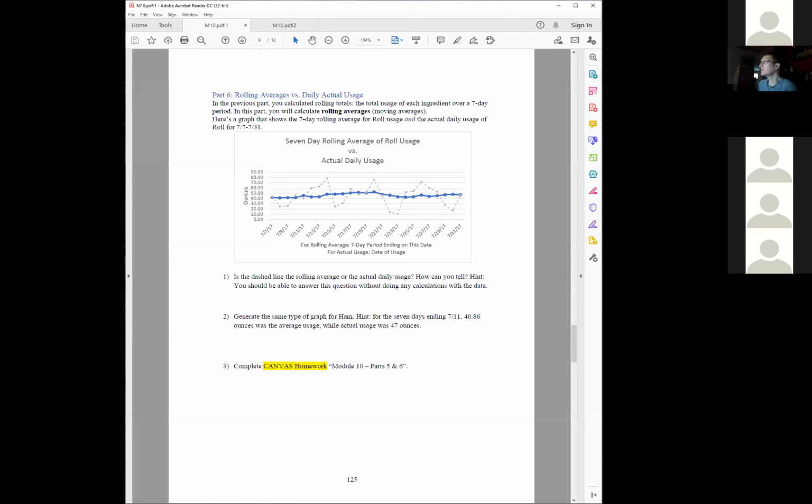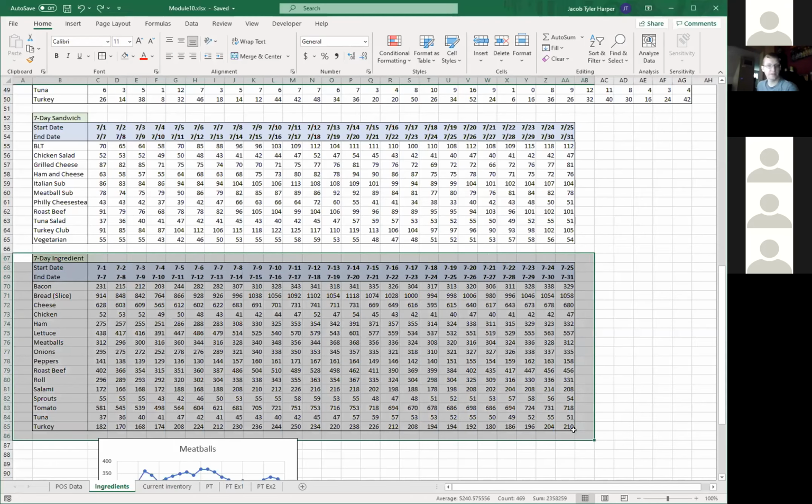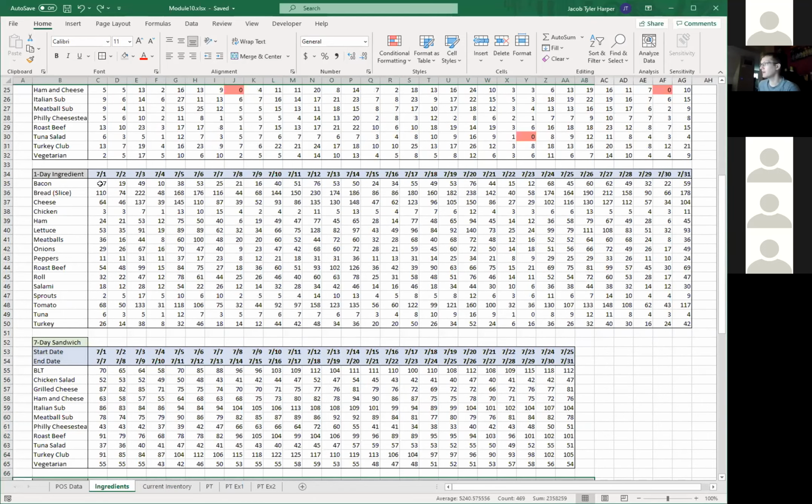That's the only difference, which means in your spreadsheet, you want to make another one of these tables, except instead of adding up these 7 numbers to figure out how much bacon was used from the 1st to the 7th, you're going to average those 7 numbers and say, on average, we used 30 point some ounces of bacon, or whatever that number is. So that's what's going on in part 6. And then it's just more graphs. So it's essentially just one more of these large tables.